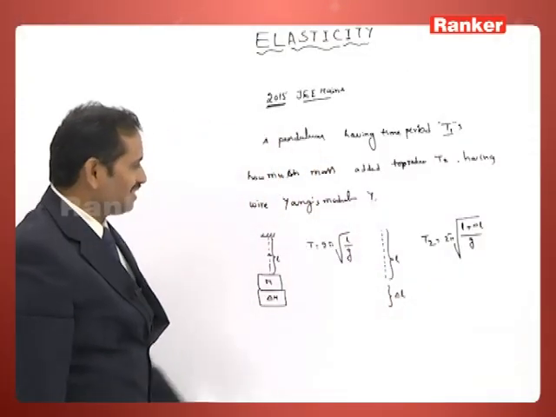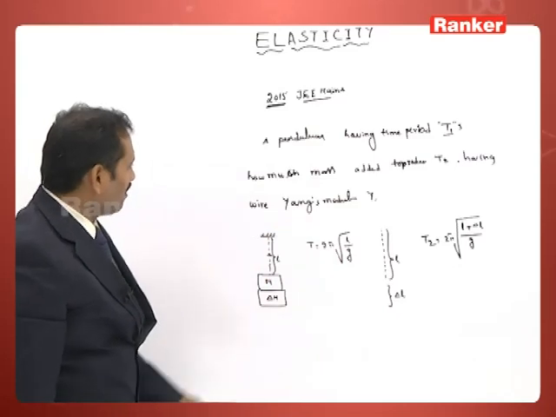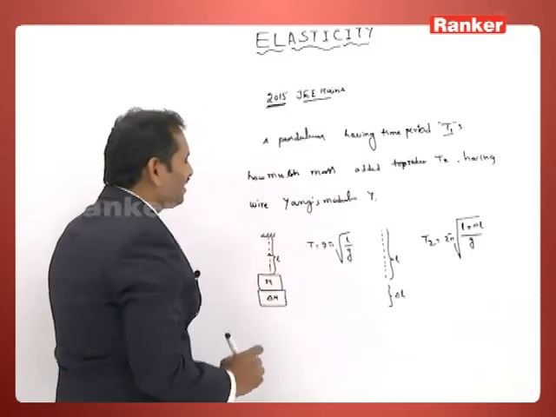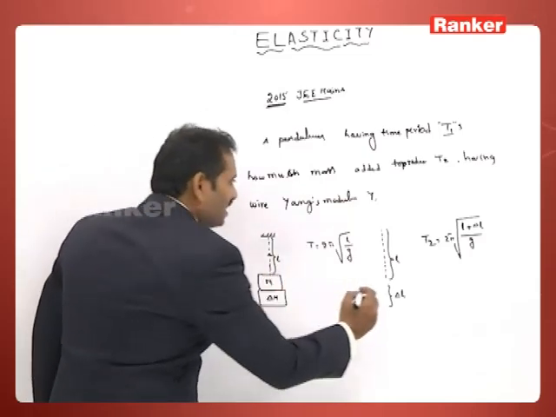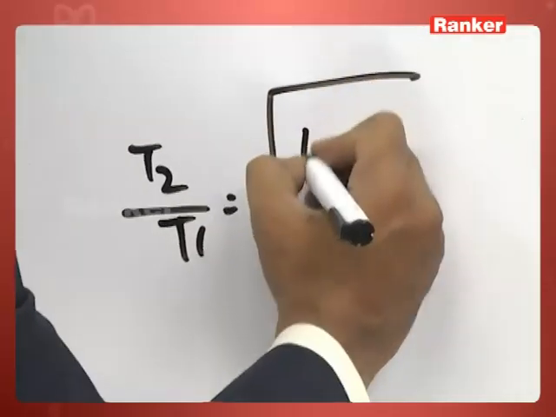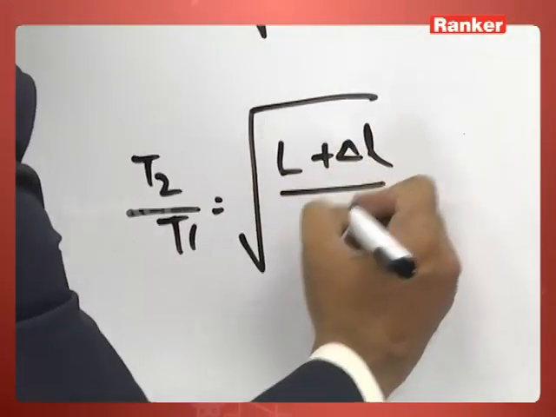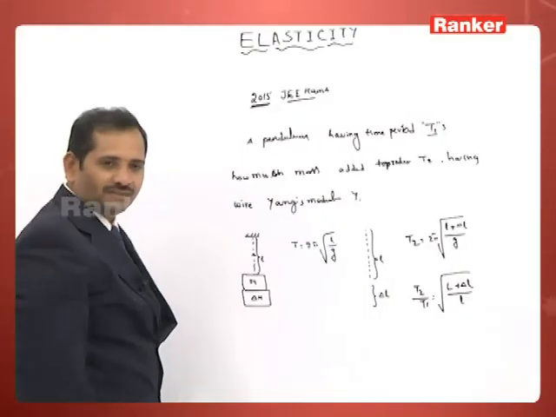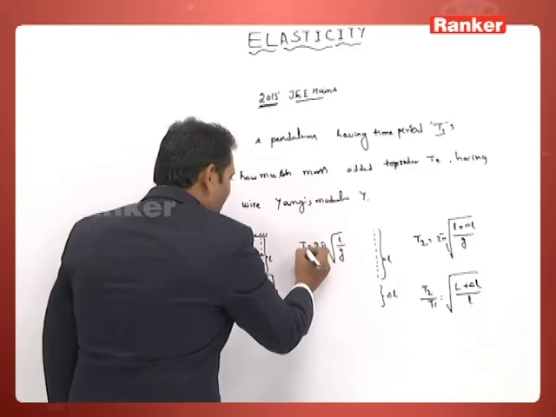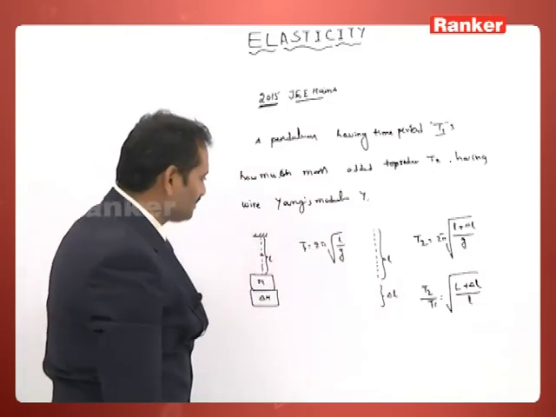They are asking us the mass required. I think you can do it like this. T2 by T1 equals square root of L plus delta L by L. If I divide the two, T2 by T1, I get it like this.